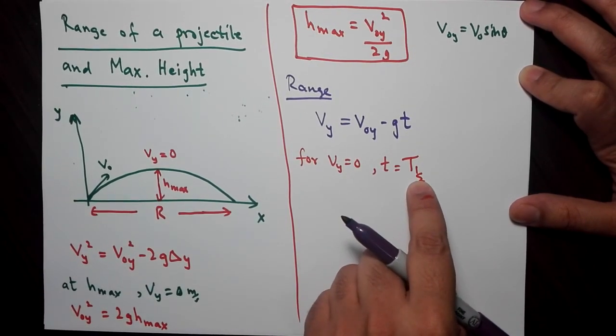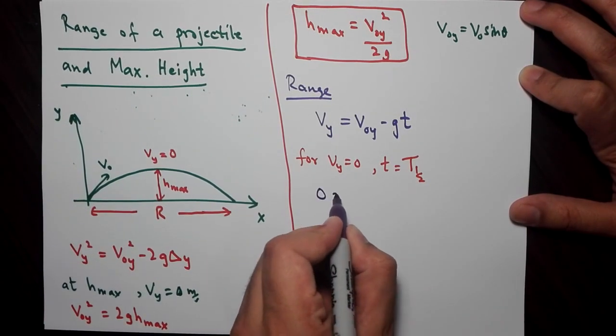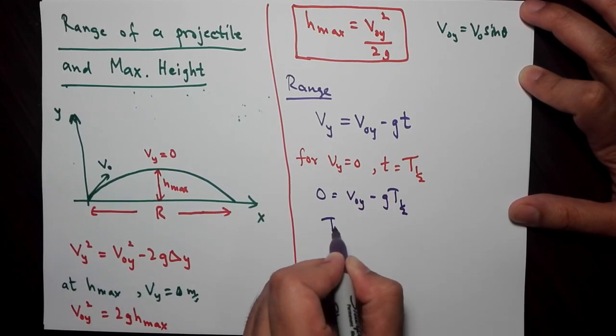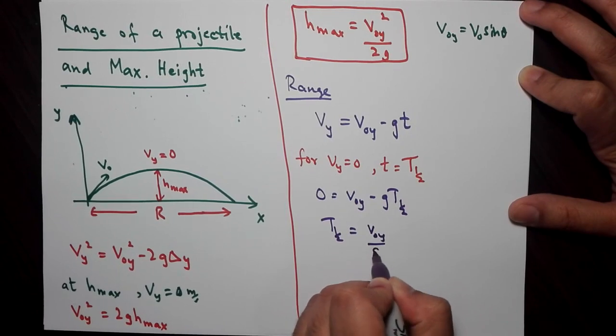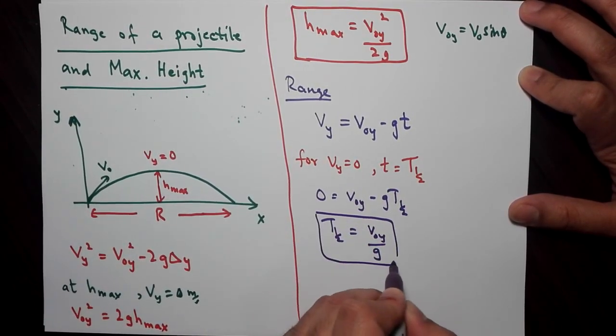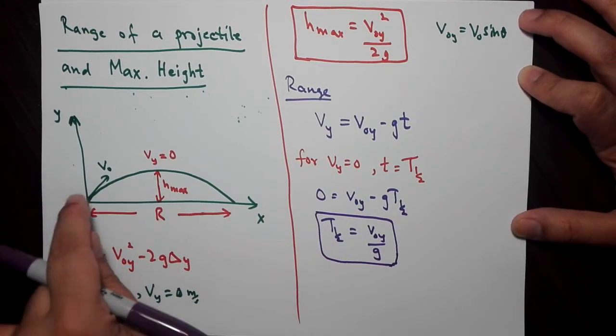Writing it as capital T sub half, you get 0 equals v0 y minus g t half. So t half is just v0 y over g.